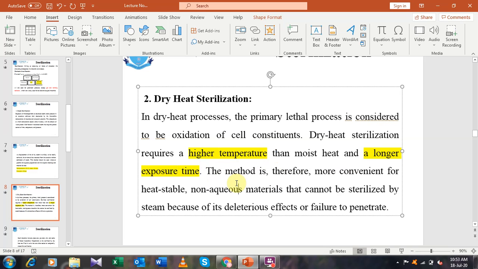This method is therefore more convenient for heat stable, non-aqueous materials that are directly exposed to heat and not deteriorated by it, and for non-aqueous materials that cannot be sterilized by steam because of adverse effects or failure to penetrate, which are not properly sterilized by steam sterilization or moist heat sterilization.